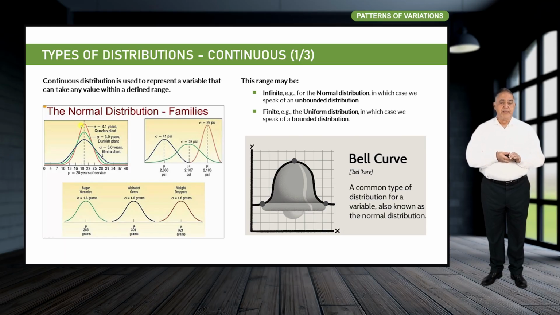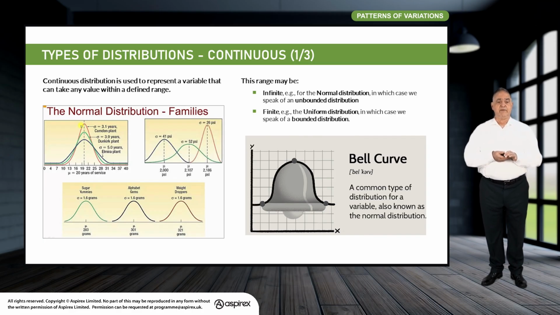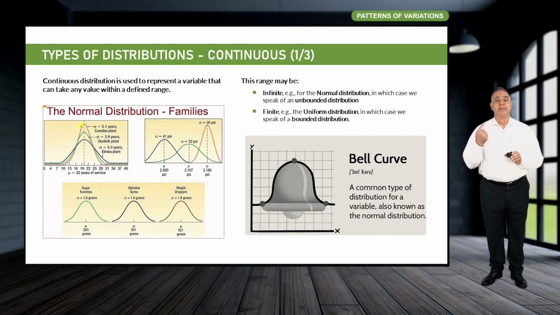So the range may be infinite or it may be finite. In the image, we can see that we have the normal distribution families. And it is very important to remember that when we talk about the normal distribution, we're not referring to one specific distribution.